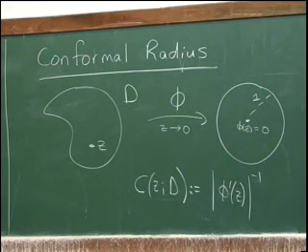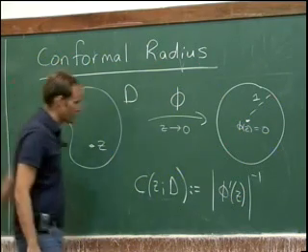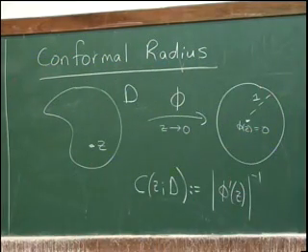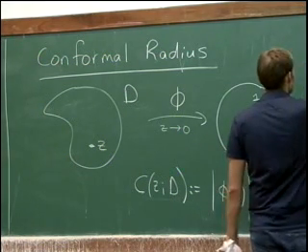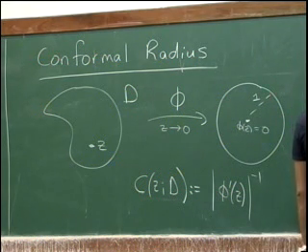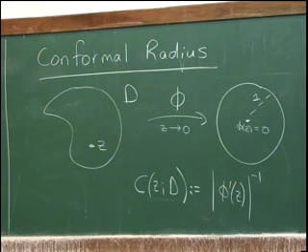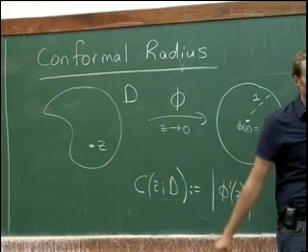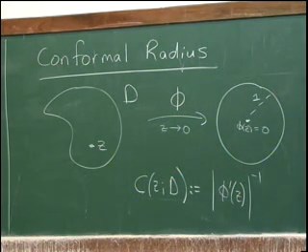And the claim is, when you take this function, the log of the distance from your selected point on the boundary, and you harmonically extend it inside, the claim is that if you take h epsilon z, the harmonic extension of this function, and evaluate it at the point z, then what you end up with is the log of the conformal radius.